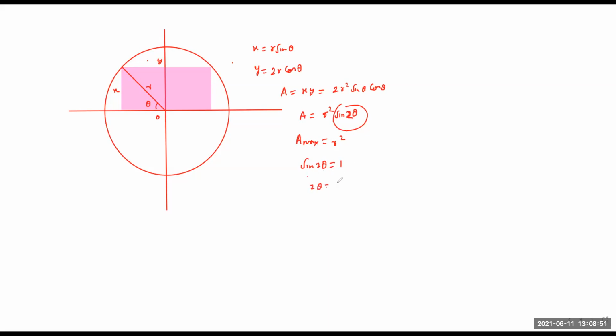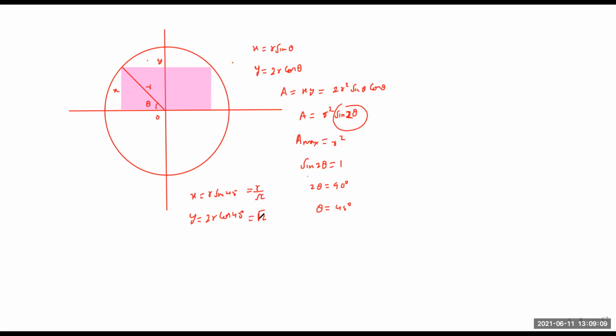So 2 theta is 90 degrees, so theta is 45 degrees, and my job is done. So I can say x is r sine 45 and y is 2r cos 45, and this will give you the same answer as we got earlier.